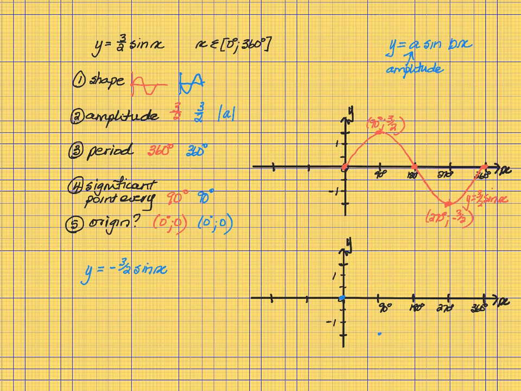So it goes to a turning point at negative 1.5, a root, a turning point, and a root. And then you draw that graph. So you can see that the blue graph is a reflection of the red graph in the x-axis.